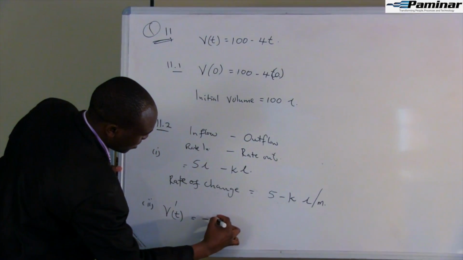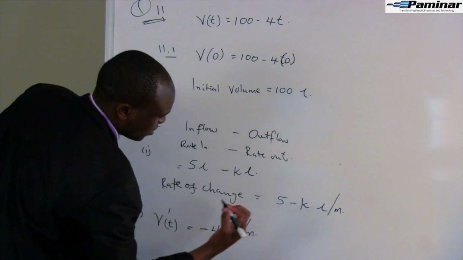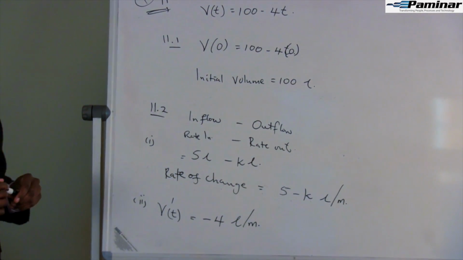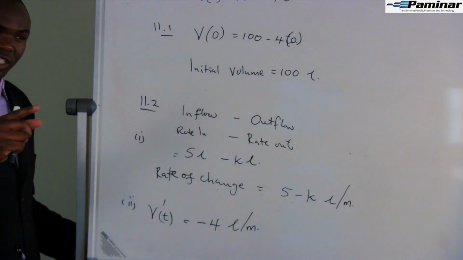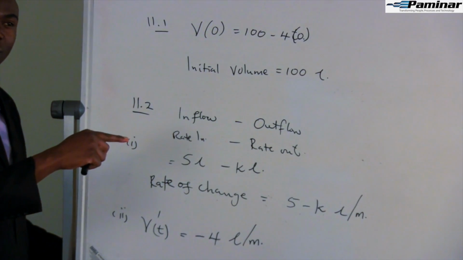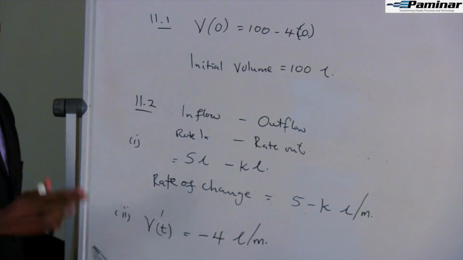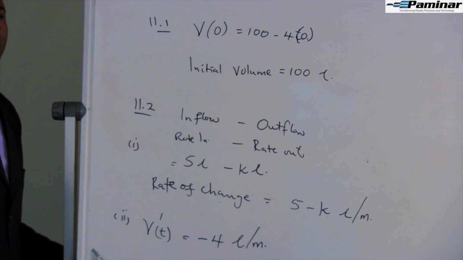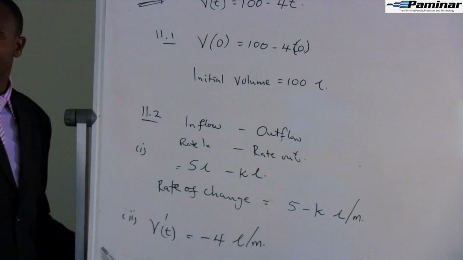Minus 4. That's it. So these are the two expressions. Remember, rate of change is a derivative also. So that's what they want. When you have done that, write down. It's very quick and simple. Is it clear? Yes.